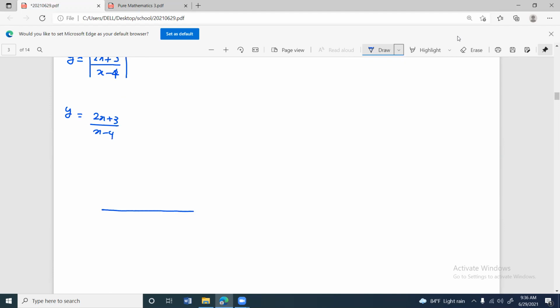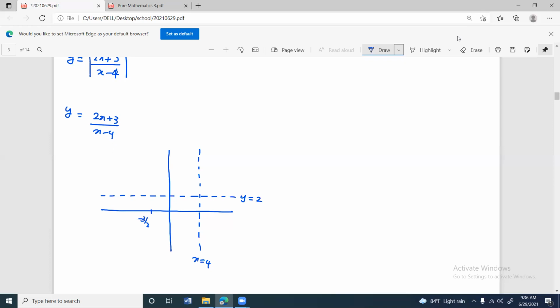I will just draw this. So you can say the vertical axis of asymptote, I can make the denominator equal to 0, and you can write it as x equals to 4. And the horizontal axis of asymptote is the coefficient of x divided by the coefficient of x over here. This is y equals to 2. Then the intersection with the x-axis means y equals to 0. If y equals to 0, it turns out to be x equals minus 3 over 2.